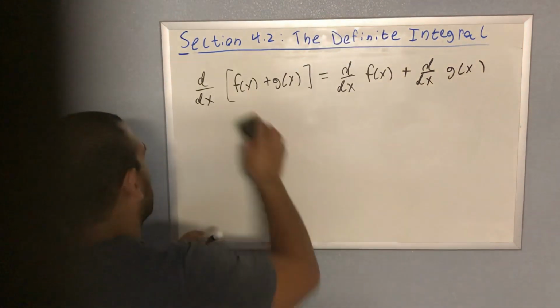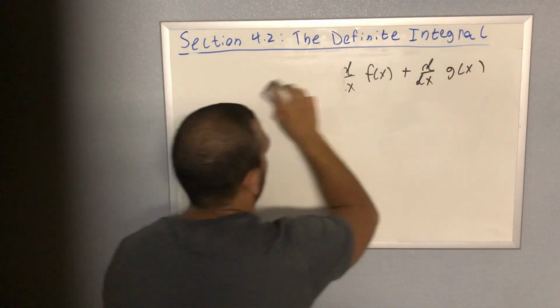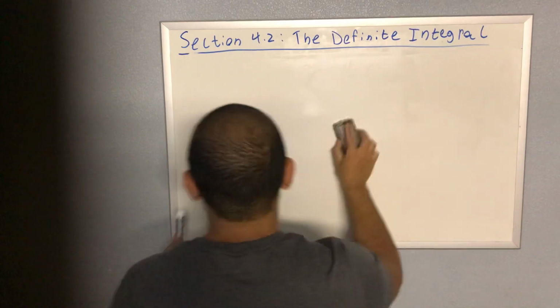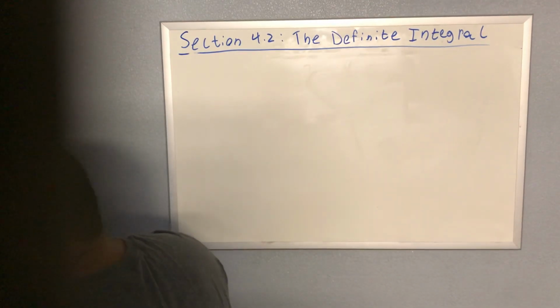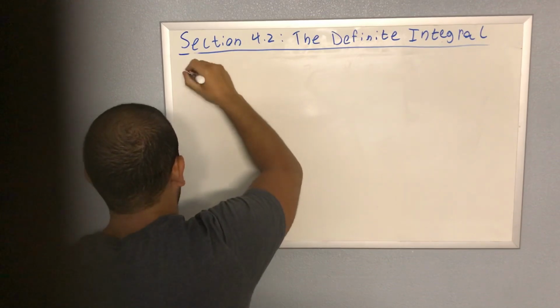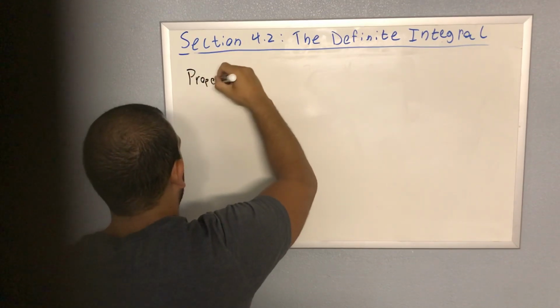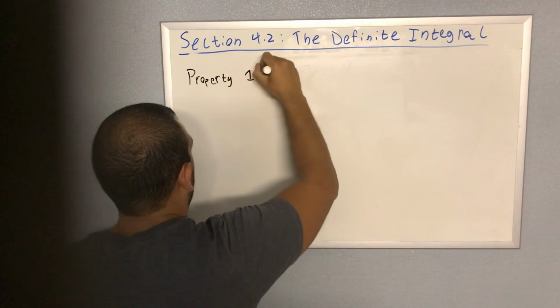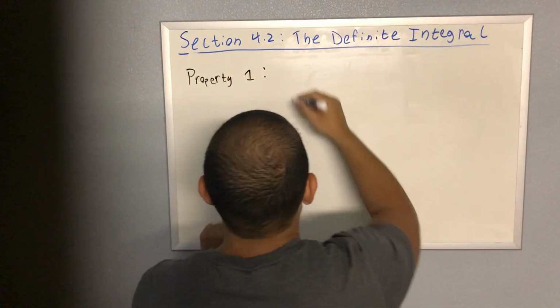So the first one that's up is going to be this. Maybe I'll just say property 1, it doesn't have a name, is this guy.